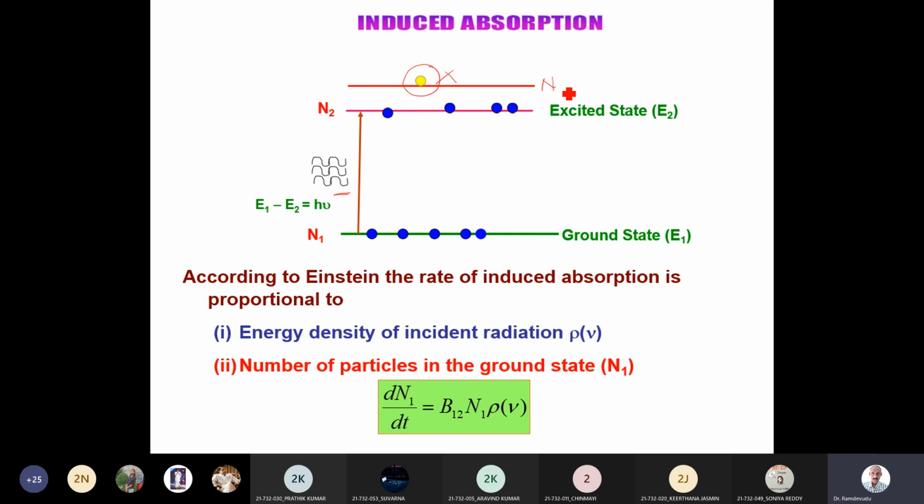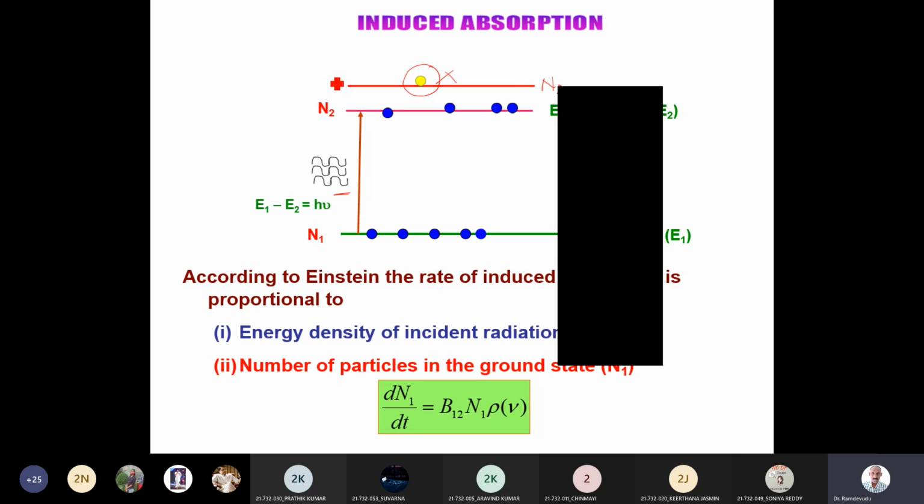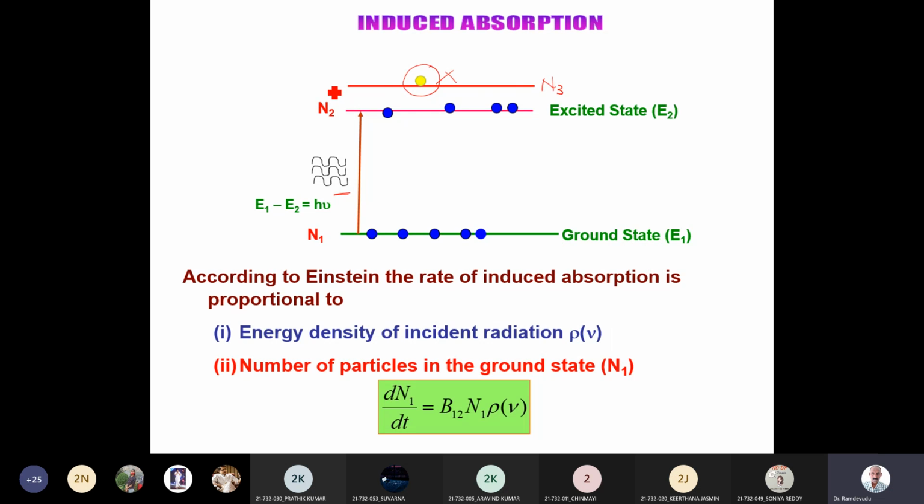Suppose there is an E3 level with N3 atoms; it is not possible for them to go there because we have not supplied that much energy.